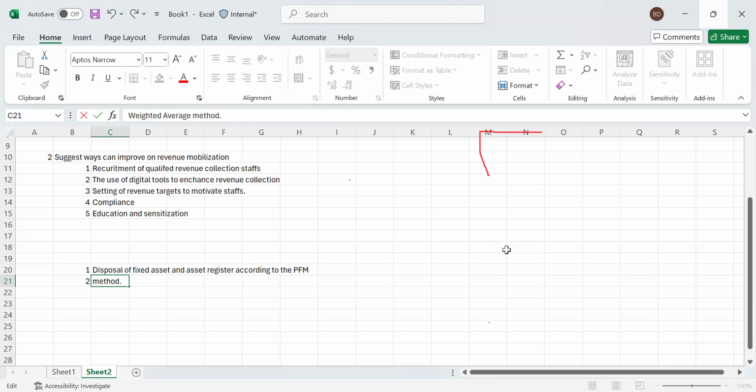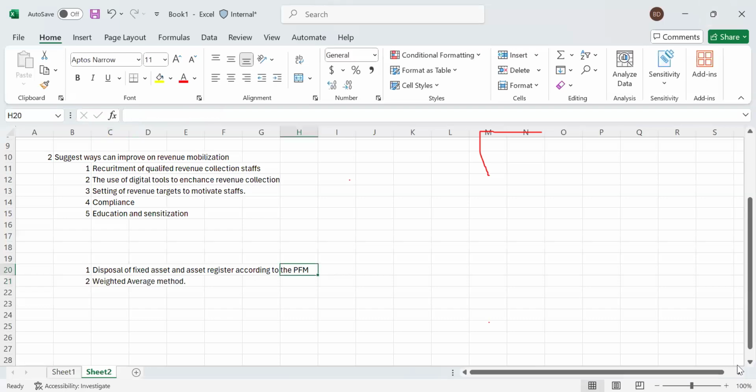And on the closure of bank accounts, similarly, Mr. Richard Donko must seek approval from the Controller and Accountant General before such accounts can be closed. Failure to do so will be met with severe penalties. This is in the Public Financial Management Act. Great.